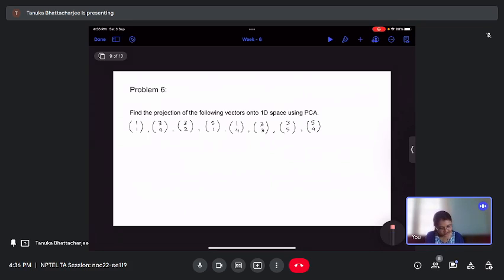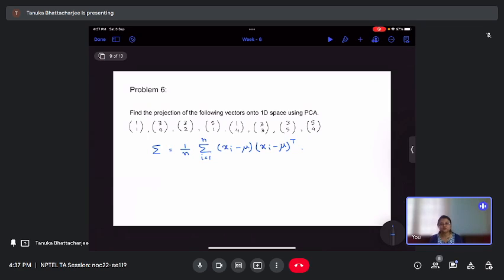If I write that as sigma, sigma is the covariance matrix, which is 1 by n, summation i equals 1 to n, (xi minus mu) into (xi minus mu) transpose, where n is your total number of data points, xi from i equals 1 to n are the actual data points x1, x2, and so on, and mu is the mean of the data points.